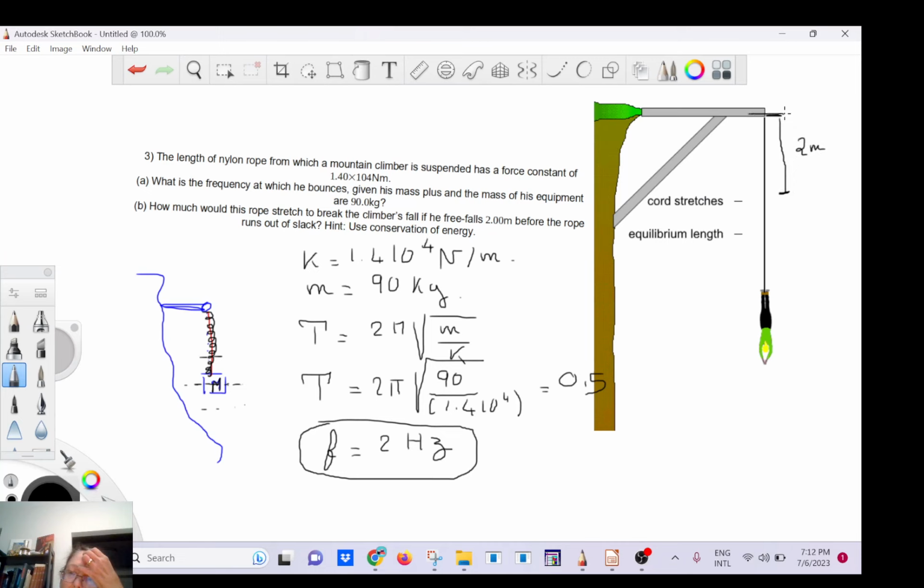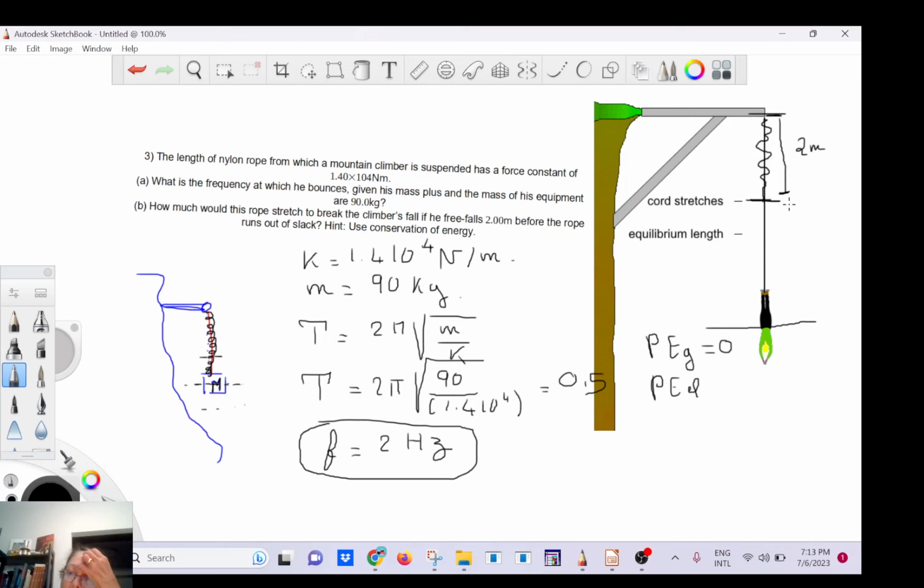Let's say at that position, gravitational potential energy equals 0. So we take the 0 here, and all the energy here is elastic potential energy. Between here and there, the cord is slack, so it doesn't stretch. Only here is it going to start to stretch.